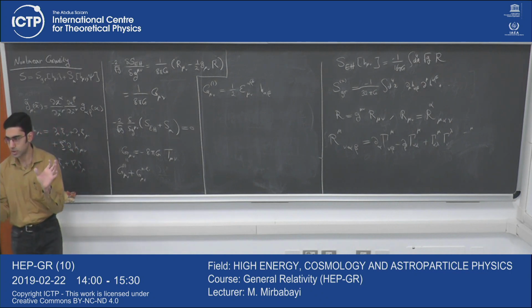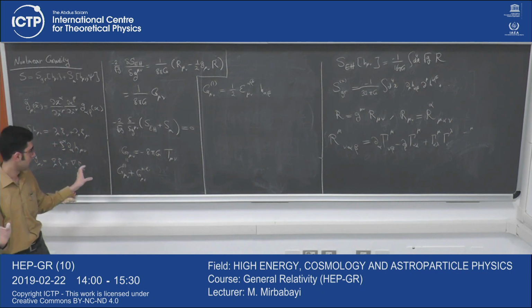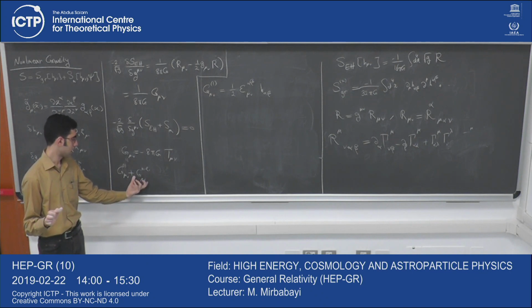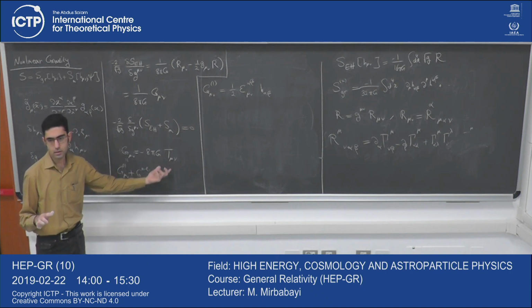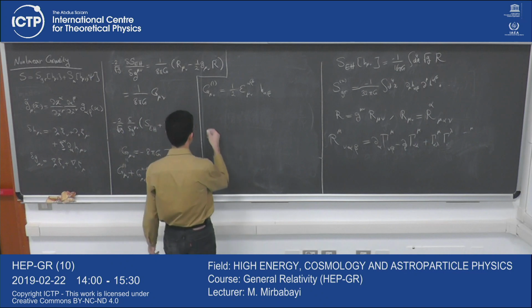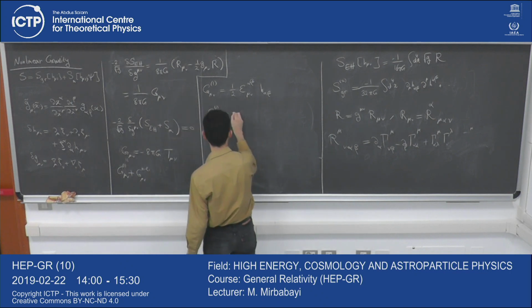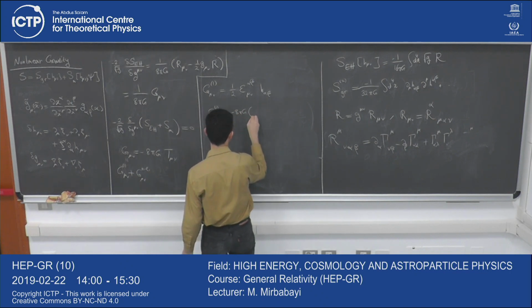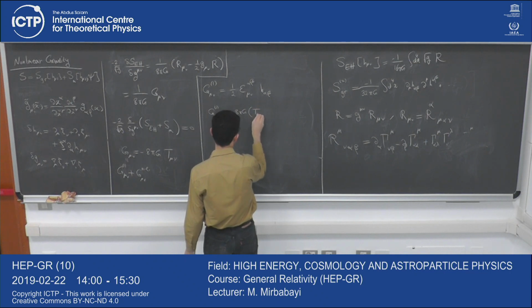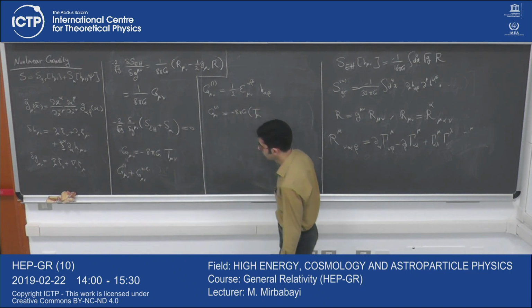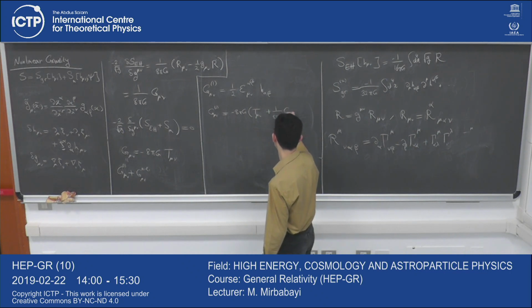I'll just decompose it into these two pieces. And I can take this nonlinear piece to the right hand side. So then what do we have? We have G mu nu first order equals minus 8 pi G times T mu nu plus 1 over 8 pi G G mu nu nonlinear.